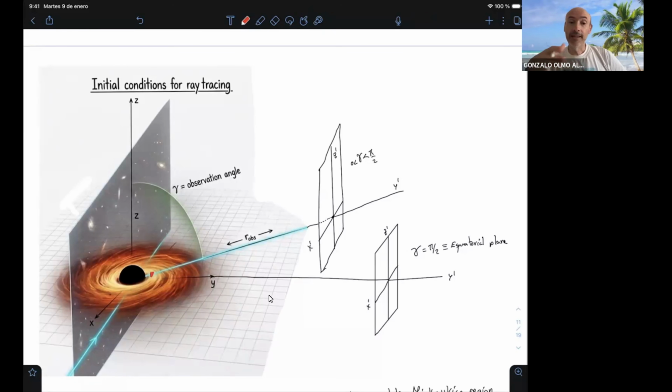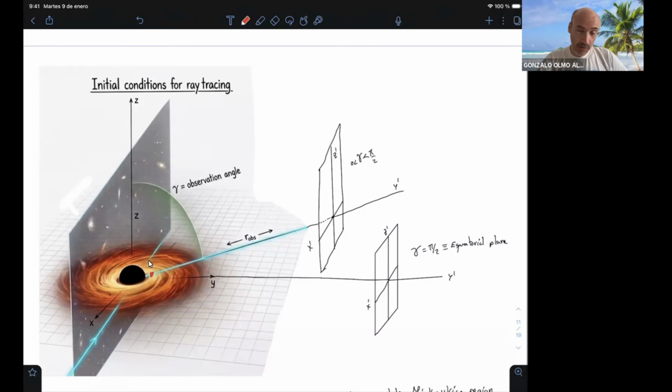Okay, and the photon emitted at that point has an emission frequency, and the photon detected here has a different observation frequency because of gravitational redshift. Okay, so we need to know exactly where this geodesic that hits this pixel has been emitted from, because in that way we will be able to compute the gravitational redshift.